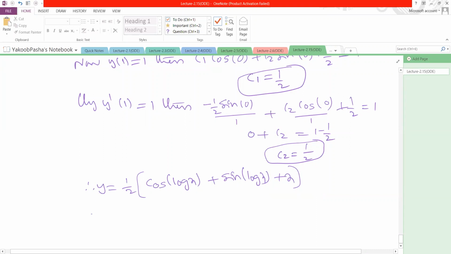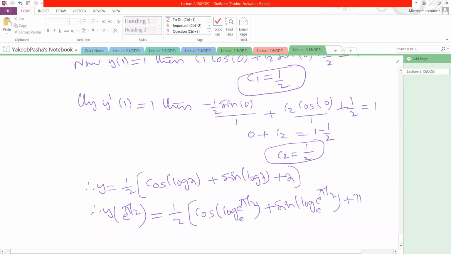So therefore for y of e to the power of pi by 2, just replace x by e to the power of pi by 2 here. 1 by 2 cos log e to the power of pi by 2 to the base e, sin log e to the power of pi by 2 to the base e, plus e to the power of pi by 2.